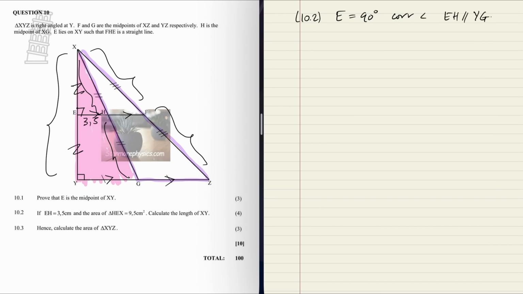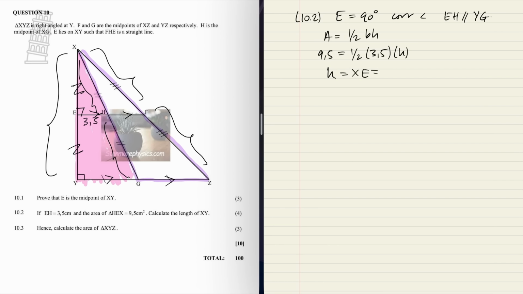Now we can use the area formula. We know that area of a triangle is equal to half base times height. The area is 9.5 centimeters squared. That's half. The base is 3.5, and then multiplied by the height. Now we want the height. Remember, the height is XE. So the height, which is XE, is going to equal 9.5 divided by half times 3.5.